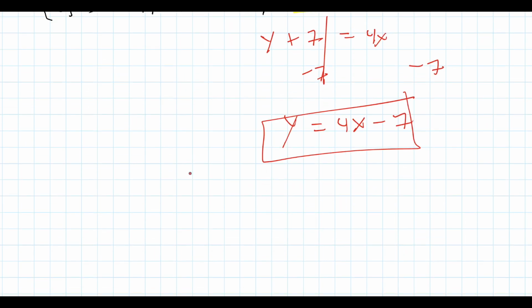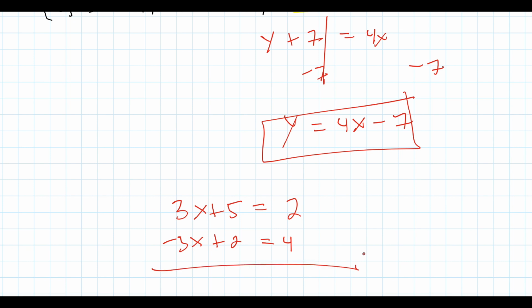When you have something like 3x plus 5y equals 2, and I'll just do an easy one like negative 3x plus 2y equals 4, and they're like, solve the system of linear equations using elimination. You just eliminate the 3x.